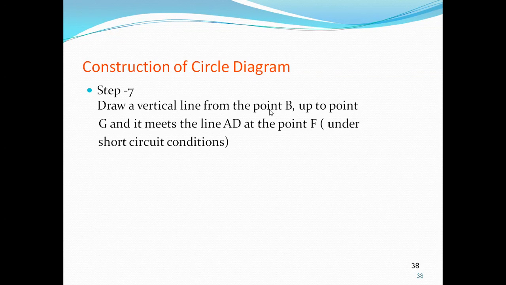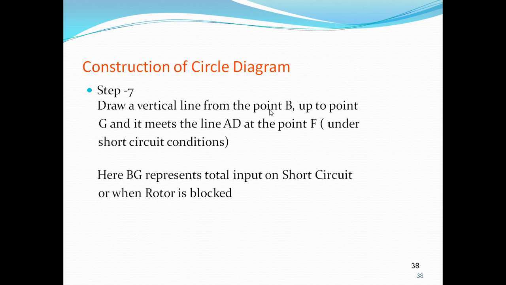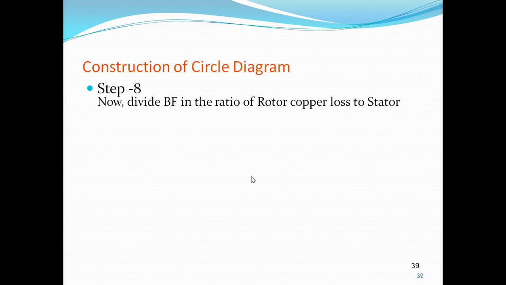The seventh step is to draw a vertical line from the point B up to point G, and it meets the line AD at point F. So BG represents the total input on short circuit.